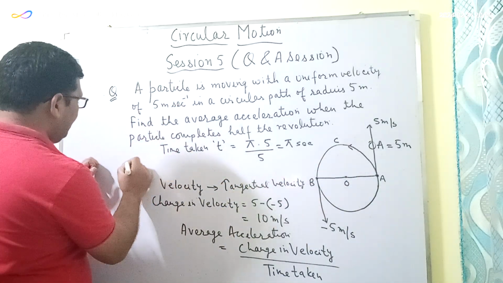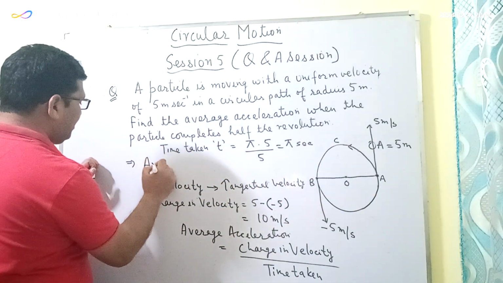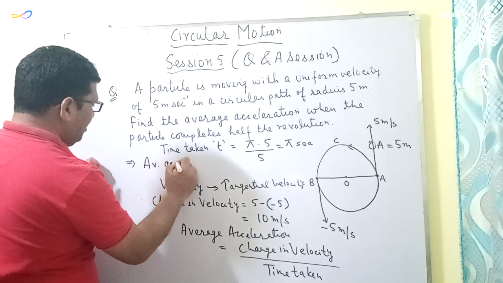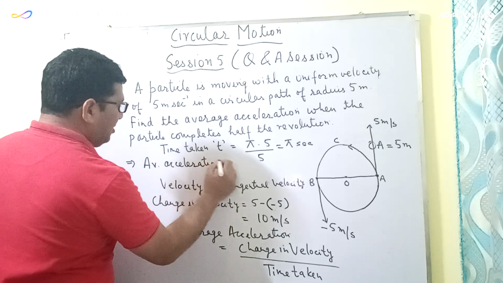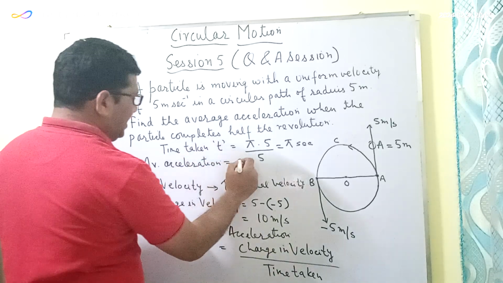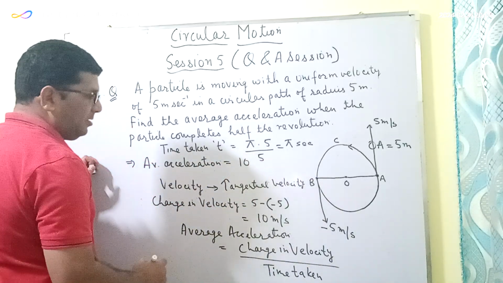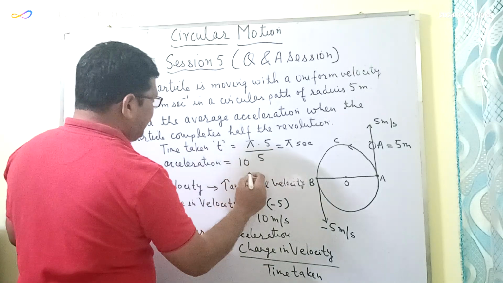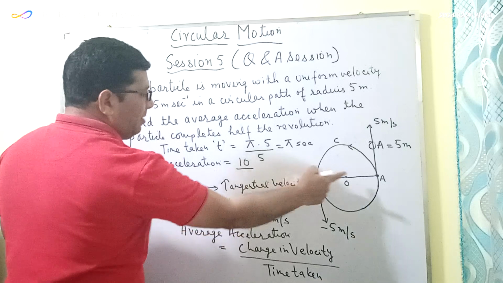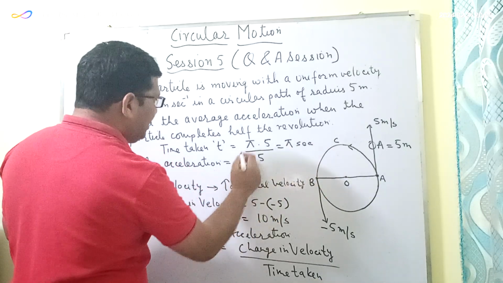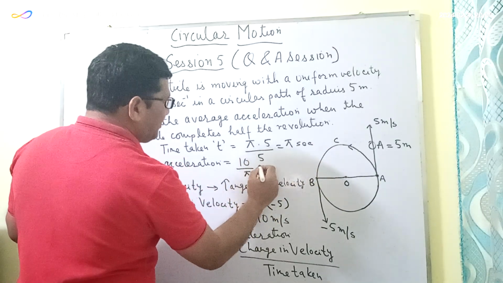So the average acceleration will be equal to the change in the velocity, that is 10 meter per second, divided by the time taken to complete half the revolution, which is pi seconds.